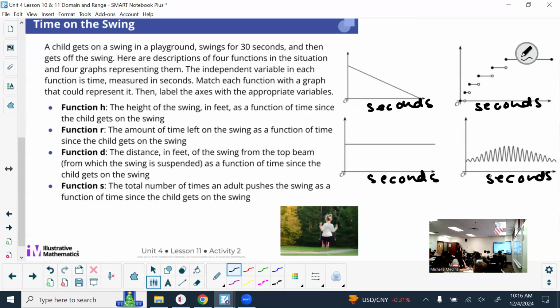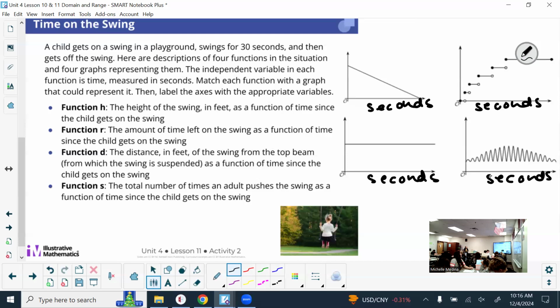So function H, we have the height of the swing in feet as a function of time since the child gets on the swing. We have function R, the amount of time left on the swing as a function of time since the child gets on the swing. Function D, the distance in feet of the swing from the top beam as a function of time since the child gets on the swing.